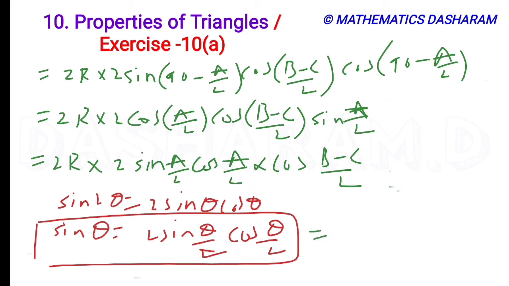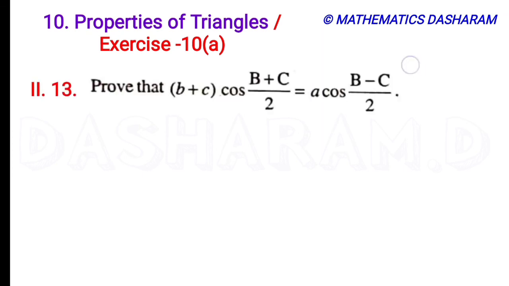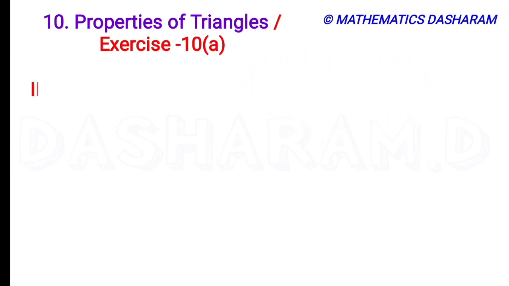So then it is equal to 2r into, here 2 sin a/2 into cos a/2, the answer is sin a, into cos (b minus c)/2. But what is the 2r into sin a formula? 2r into sin a, that is small a, no? So a into cos (b minus c)/2. So it is equal to RHS.